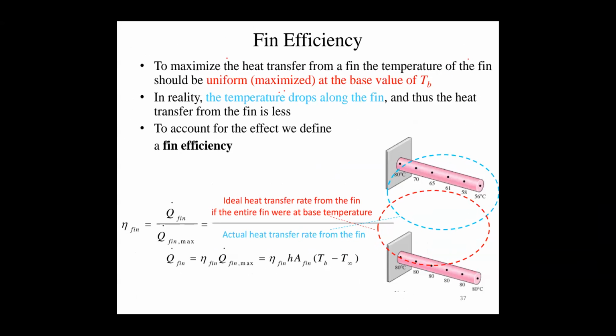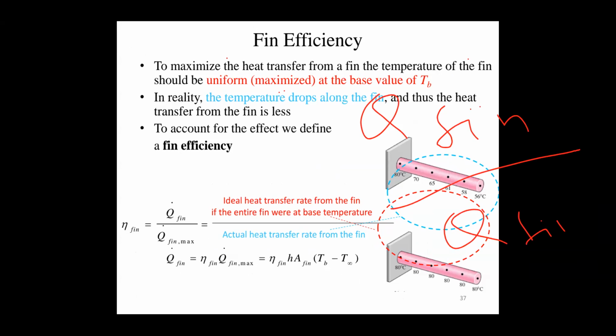So what is efficiency? We already know the efficiency of the fin. It represents the actual heat transferred from the fin compared to the maximum heat that could be dissipated from the fin.